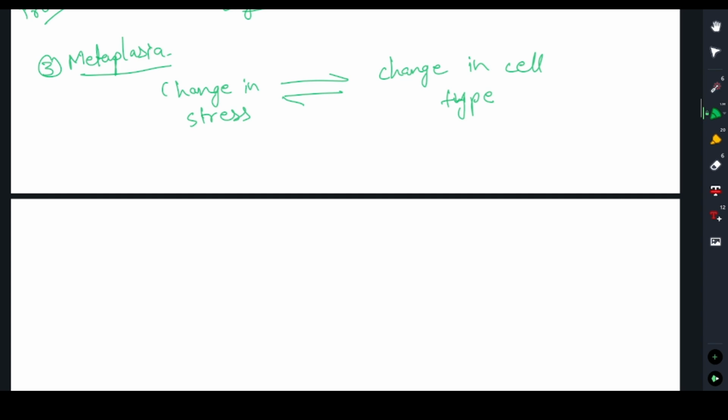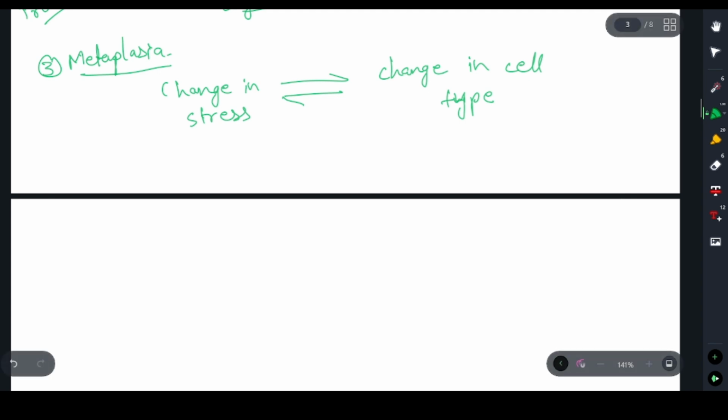So whenever you see that there is a change in stress and it is being counteracted by a change in cell type, you will say that metaplasia has happened here, right? So metaplasia most commonly involves surface epithelium. It doesn't always involve surface epithelium or only involve surface epithelium. There can be mesenchymal tissue, we will see ahead, which can undergo metaplasia in response to the change in stress. But most commonly, surface epithelium is involved.